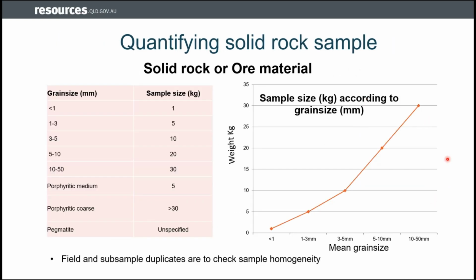This applies also to hard rock, where, for example, if you're looking at rare earths in plutonic rocks, it depends on grain size distribution as well.